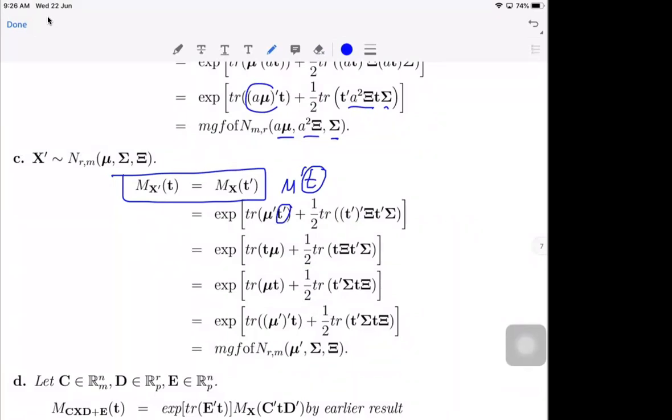And then t prime psi, t sigma. But our t here is t prime. So t prime prime psi, t prime sigma.